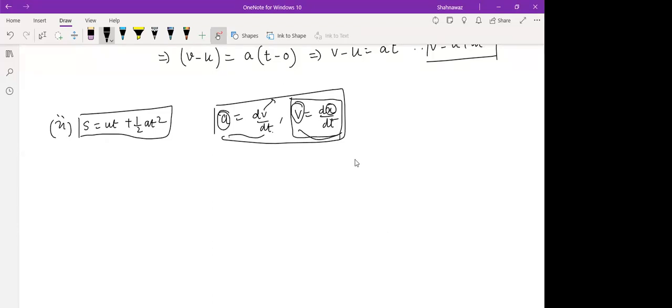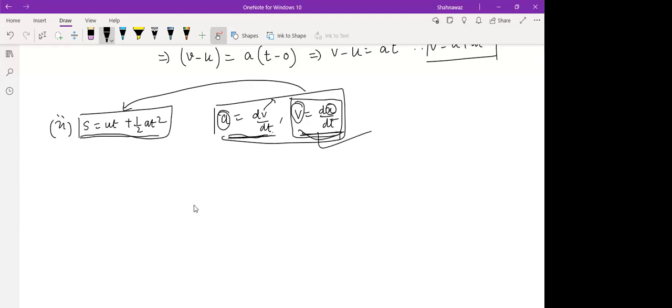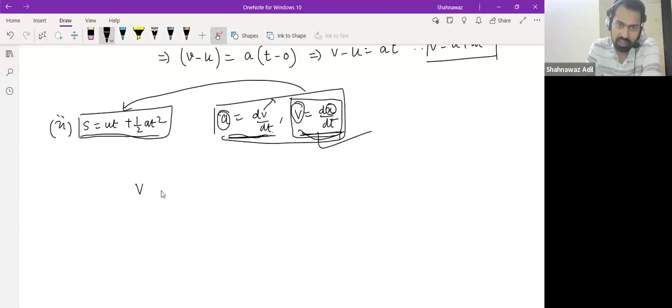Yes, sir. And we want to get distance in whatever we want to prove. So in that we have distance. So which should be suitable to solve? This one or this one? This one, right? Yes, sir. Okay, so let us use this. v is dx by dt.